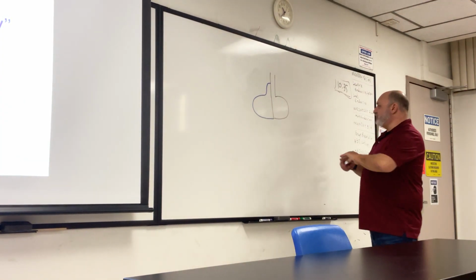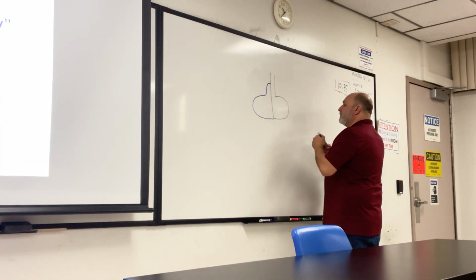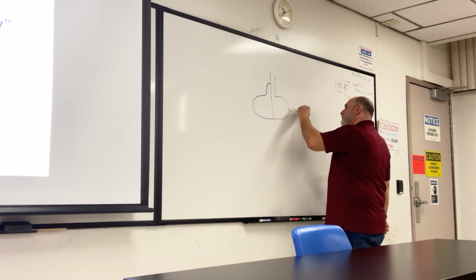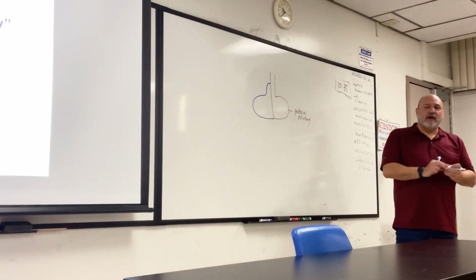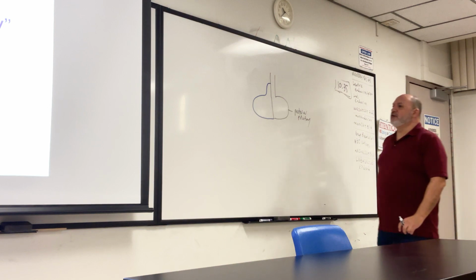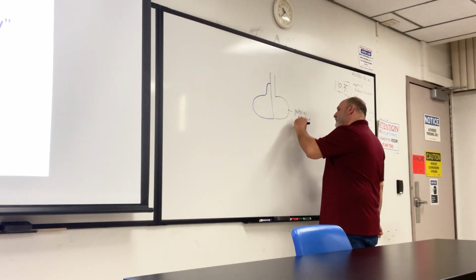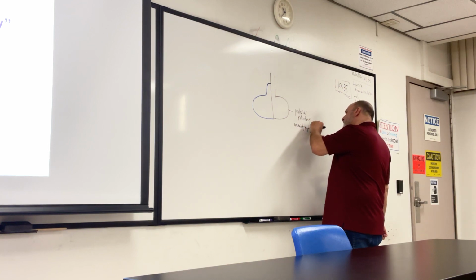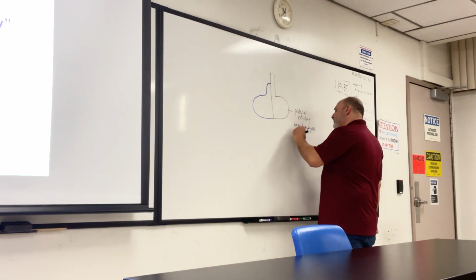The posterior portion, what is known as the posterior pituitary, is also known as the neurohypophysis. And it is comprised of nervous tissue.